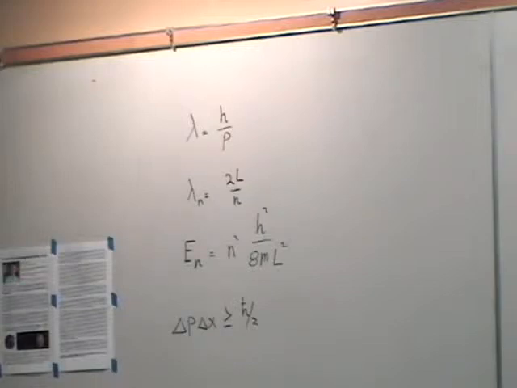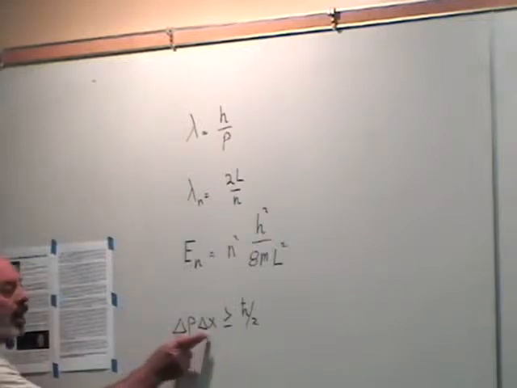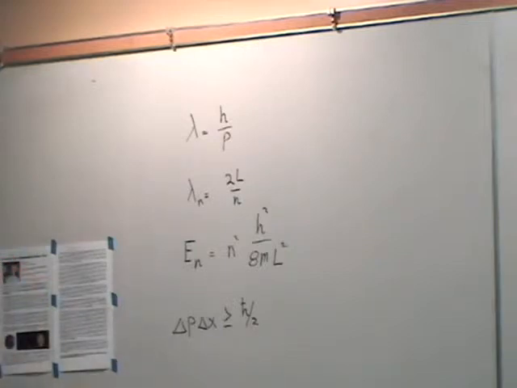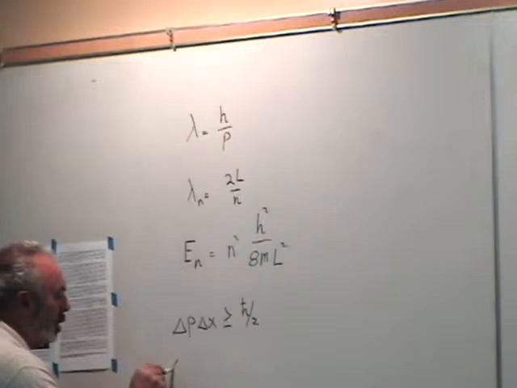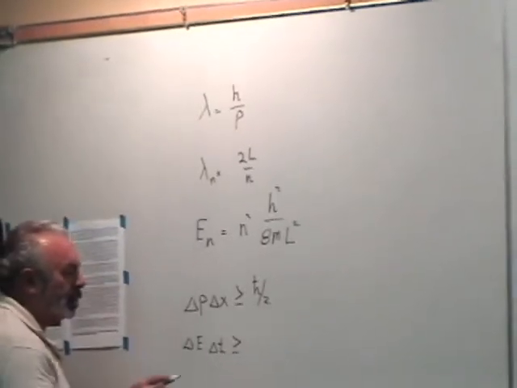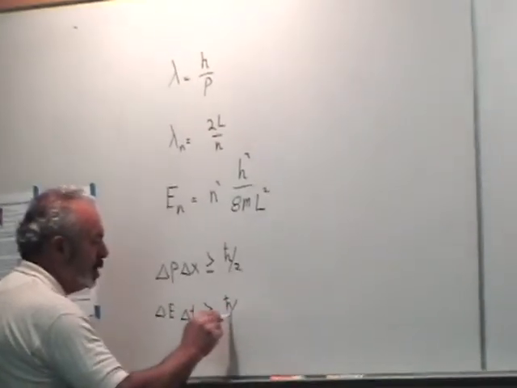Only probabilities exist. And Werner Heisenberg was able to put a number to it. If you take the product of these two, the uncertainty in momentum times position, you get h bar over 2. Similar analysis led him to the conclusion that there is also an uncertainty in energy and an uncertainty in the time that it has that particular energy, and it's the same, h bar over 2.